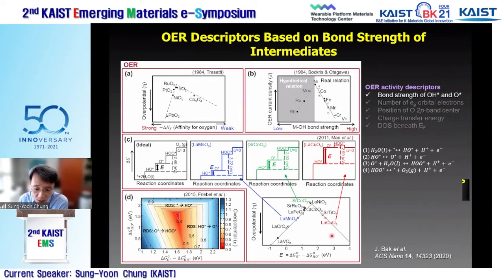That means the overpotential of the OER is much higher. So what we need is a low overpotential, which is the ideal case and maybe the best OER catalyst. For example, strontium cobalt oxide is very close to this ideal case.